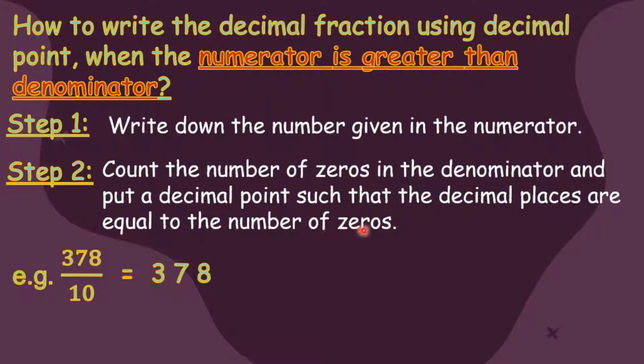Here, as you can see, there is only one zero in the denominator. So we count one place from the right towards the left and put the decimal point. Hence, the given decimal fraction using a decimal point can be written as 37.8.